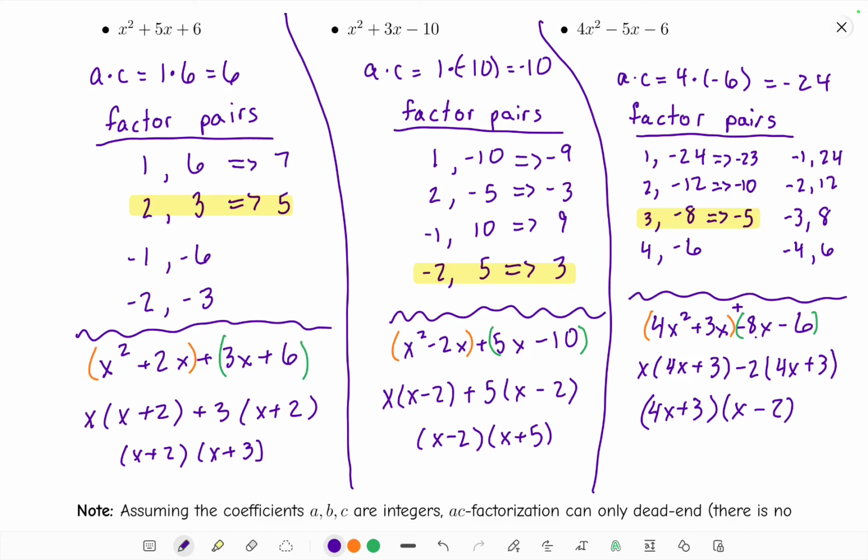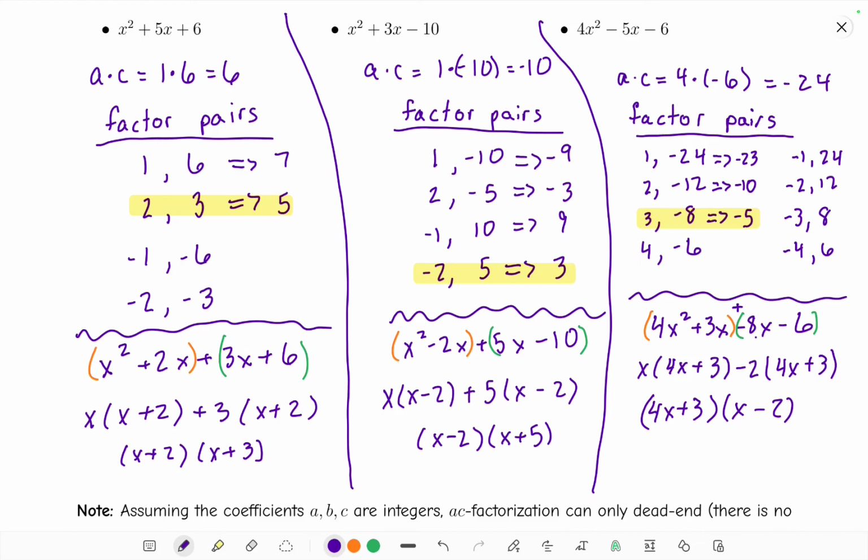Now, the reason why this third example is very good to do is you might have started noticing a pattern that it factored into the factor pairs that we got. So like we got 2 and 3, it factored into x plus 2 times x plus 3. We got negative 2 and 5, it factored into x minus 2 times x plus 5. That only happens when the leading coefficient is a 1.